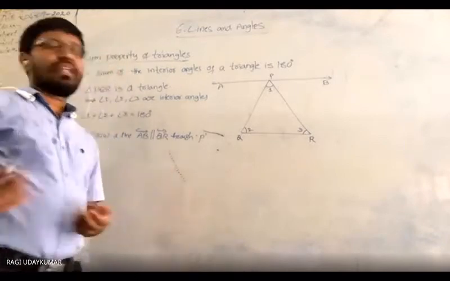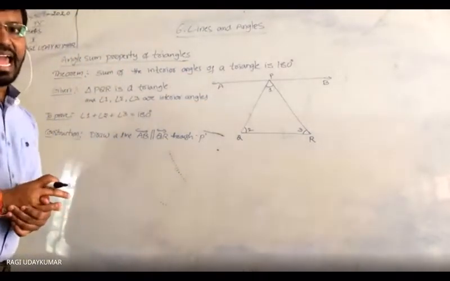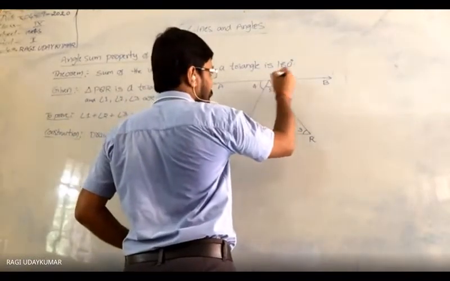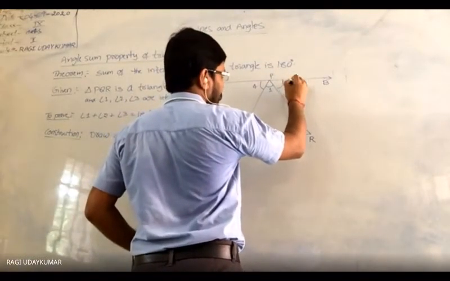Whenever you draw the line, it is going to make angles here, and we name the angles: this as 4 and this as 5.